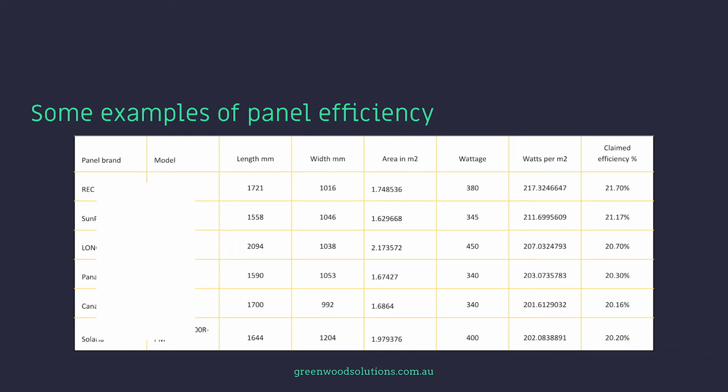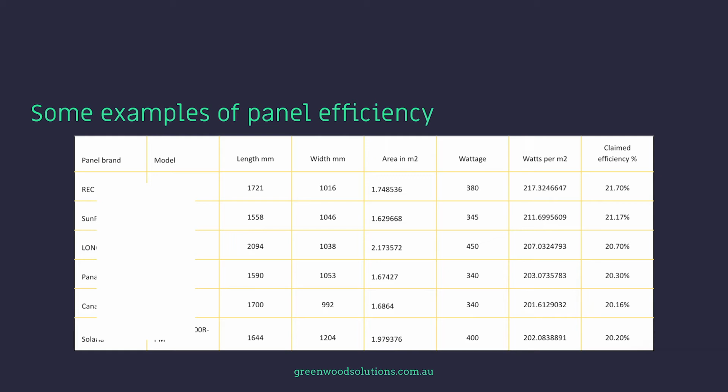You can see the first one, the REC, the area is 1.78536 meters squared. The wattage of the panel is 380 watts, and the watts per meter squared is 217, and there's the efficiency. So the 217 watts per meter squared directly relates to the claimed efficiency, which is 21.7%.